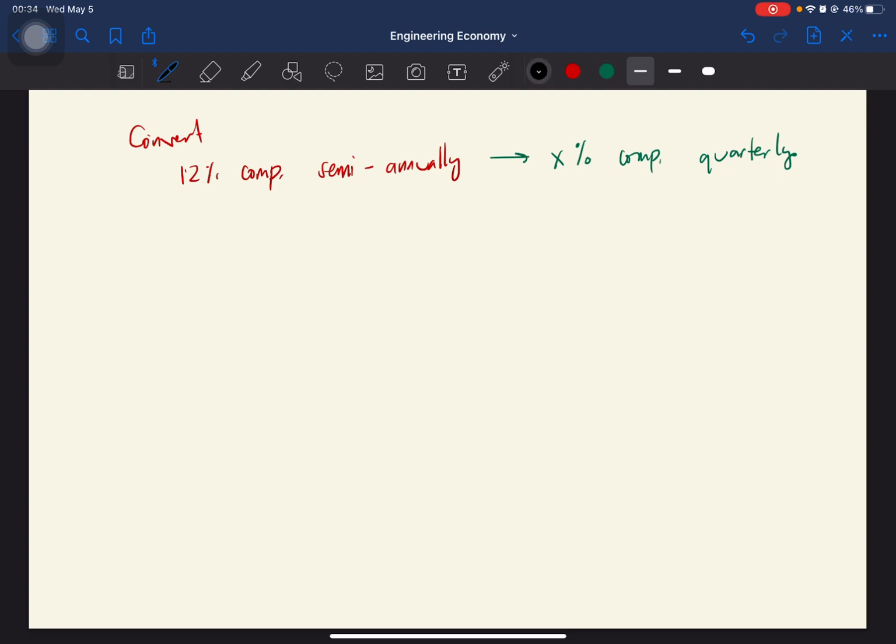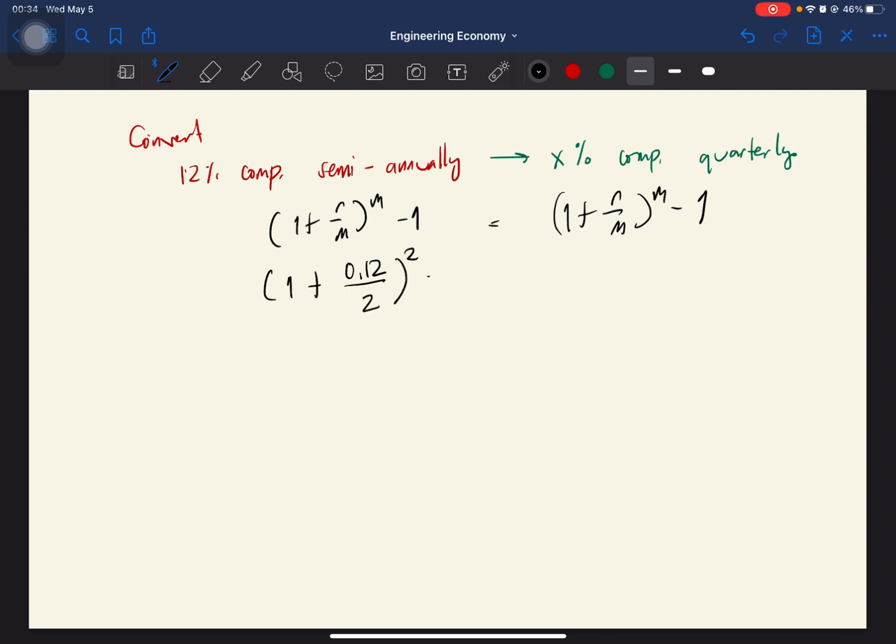Okay? So, of course, their effective interest rate must be equal. So, balik tayo dun sa unang lesson. So, 1 plus r over m raised to m minus 1 equals 1 plus r over m raised to m minus 1. Okay? So, for this one, it's 1 plus 0.12 over 2, semi-annual, so dalawa. Ito naman, 1 plus r is unknown, over 4 raised to 4 minus 1. So, ano yung ating r?